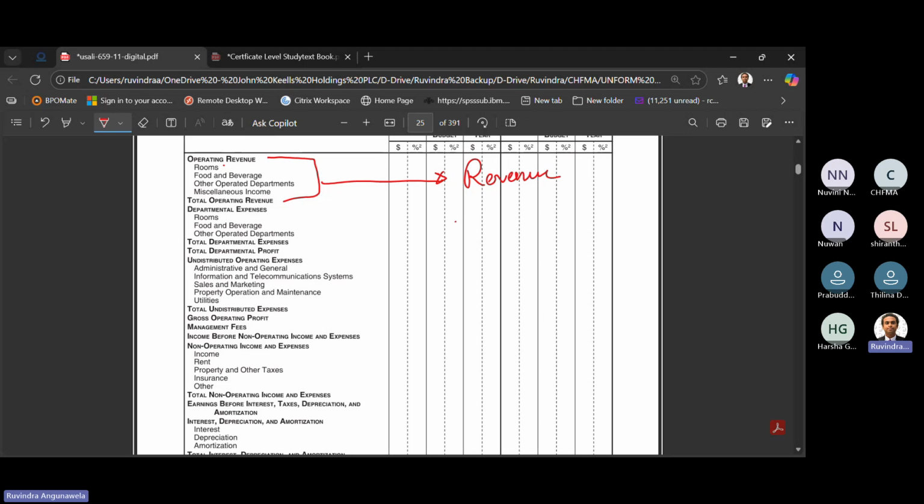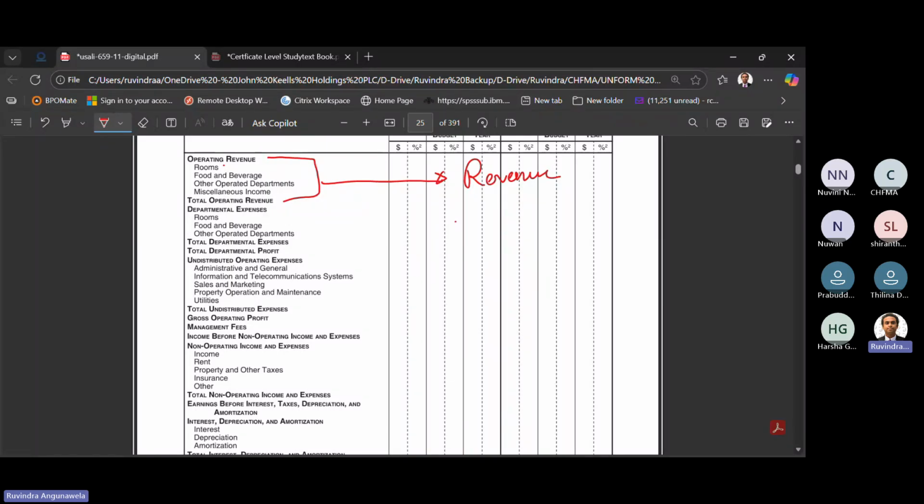Then I spoke to you about these expenses being split up into cost of sales and overheads, if you can recall my last week's lecture. Now, these cost of sales or direct expenses, as some may call it, are the expenses incurred by the frontline departments to provide their service to generate income.